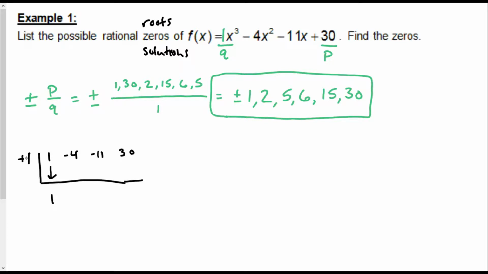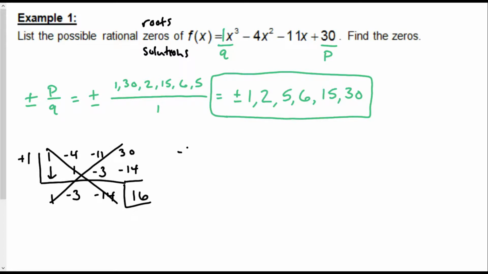Copy down the 1. 1 times 1 is 1. -4 plus 1 is -3. 1 times -3 is -3. -11 and -3 is -14. 1 times -14 is -14. And I get a remainder of 16. If you have a remainder, it's not evenly divisible. If it's not evenly divisible, it's not a factor. So that one didn't work.